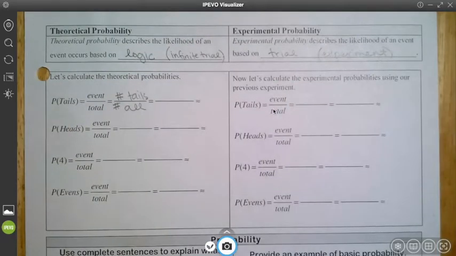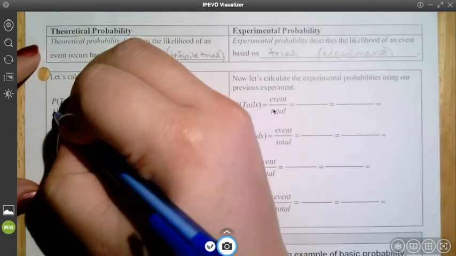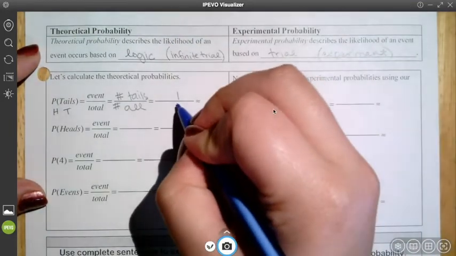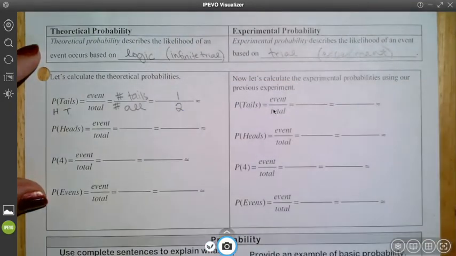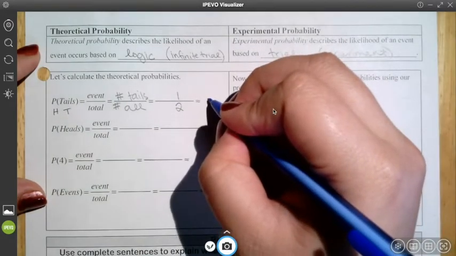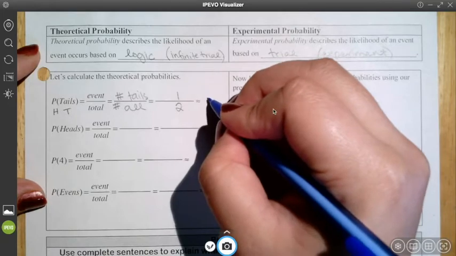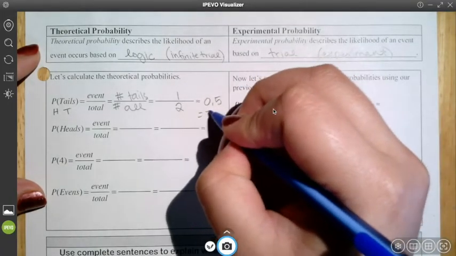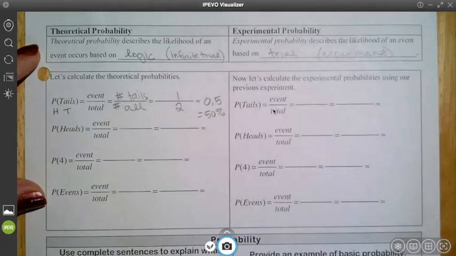Well, for a coin, there are 2 possible outcomes, heads or tails. One of those is tails out of the 2 possible outcomes. And so our theoretical probability is 1/2, which we could also write as 0.5, which we can also write as 50%.